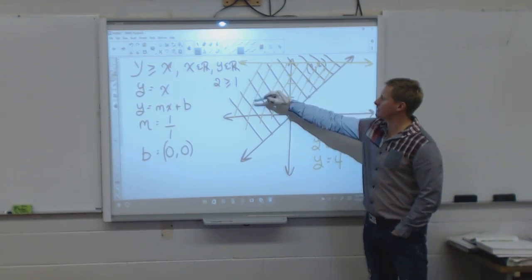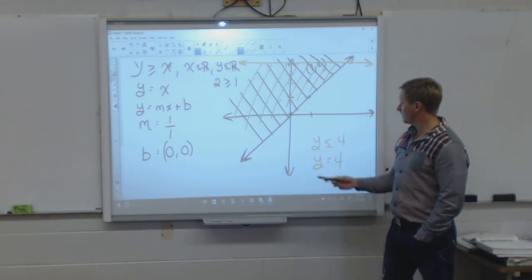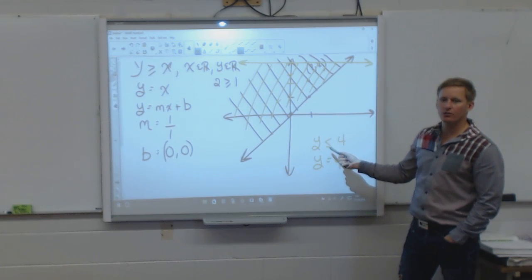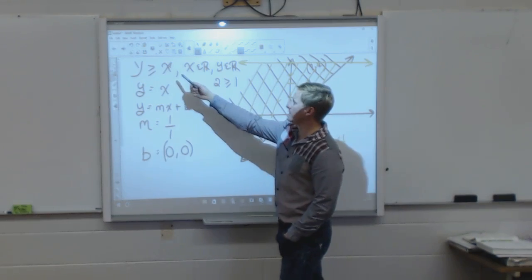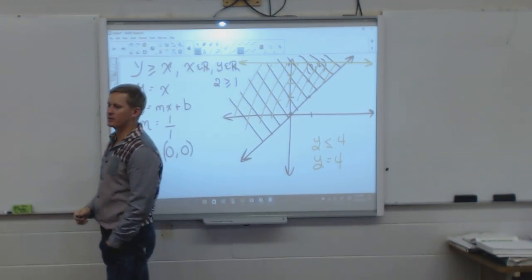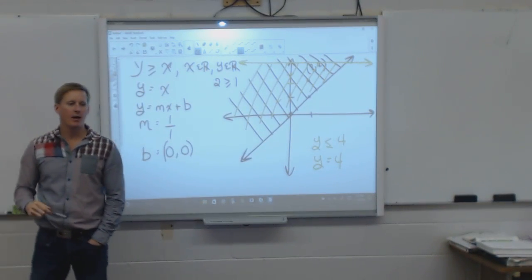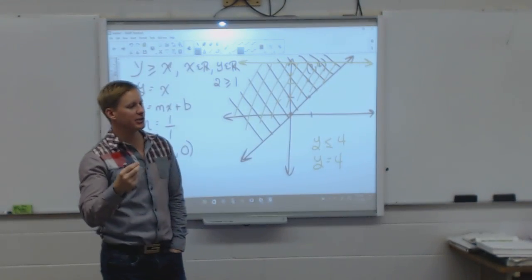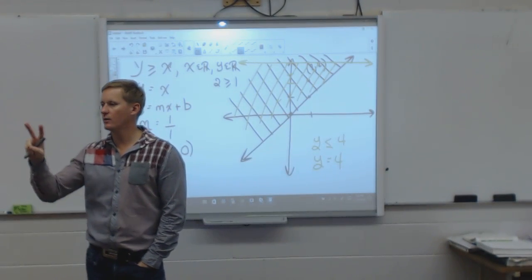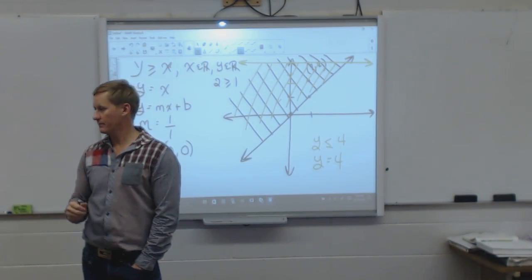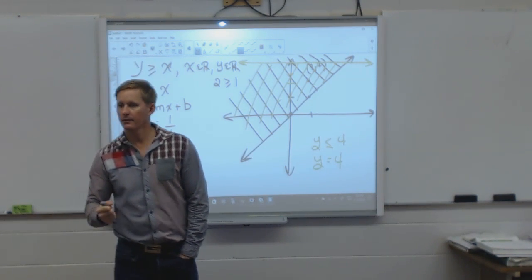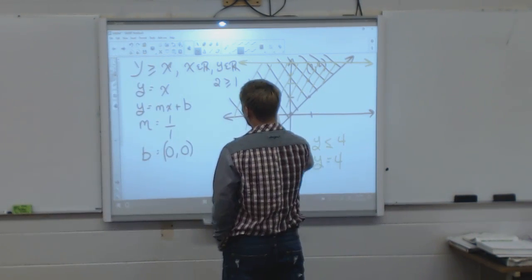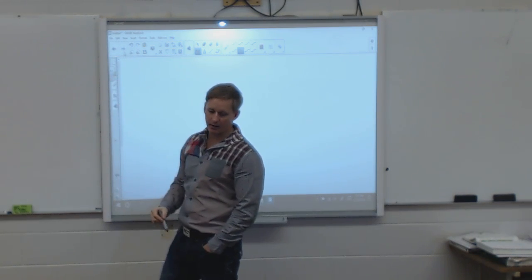Well, anything in this shaded region right here will make that guy true, and it will make that guy true. That's the difference today from yesterday. You have to now satisfy, the region has to satisfy 2 equations. Okay?